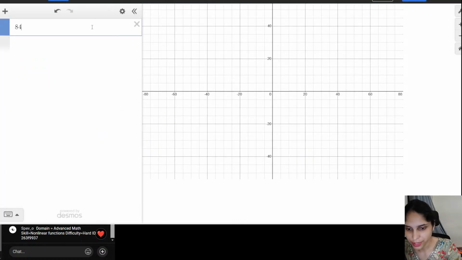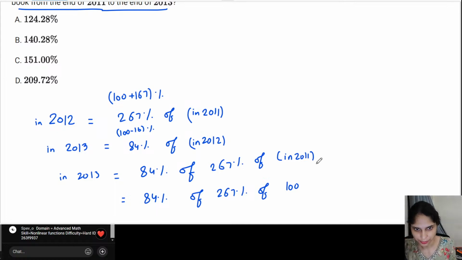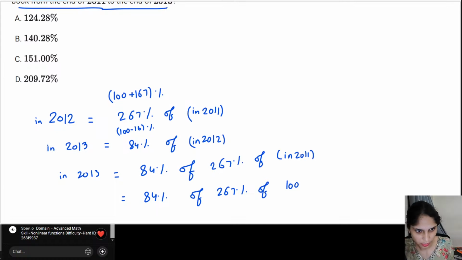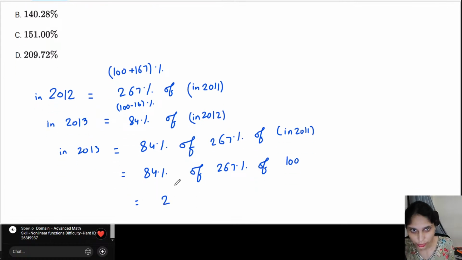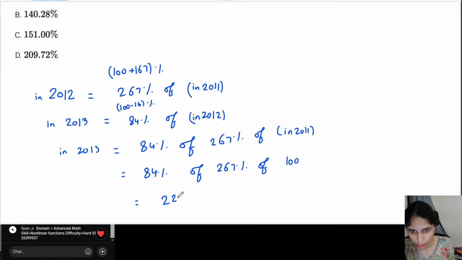So we have to find 84% of 267% of 100. That is 224.28, so this is 224.28% of 2011.